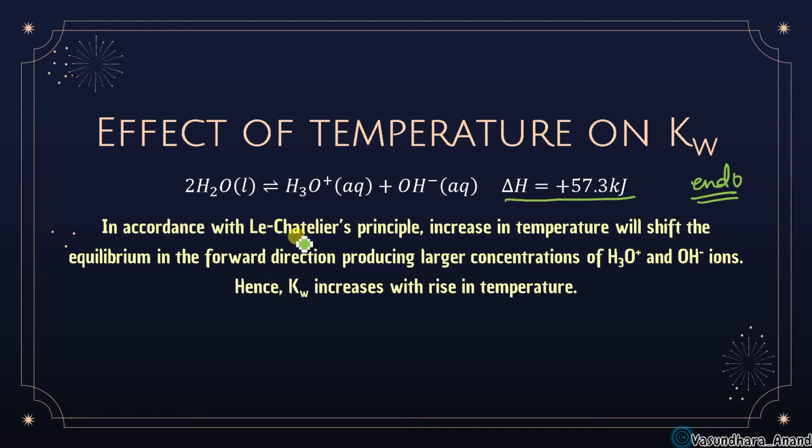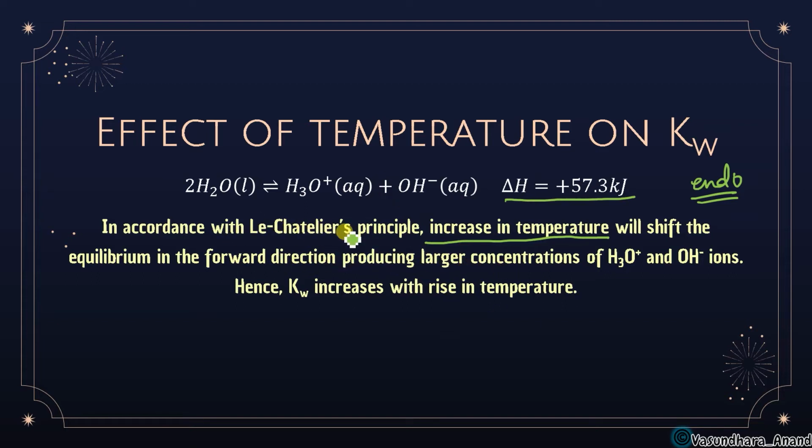In accordance with Le Chatelier's principle, for an endothermic reaction, high temperature is more favorable. So if we increase the temperature, the equilibrium will shift in the forward direction, and more and more product will be formed.